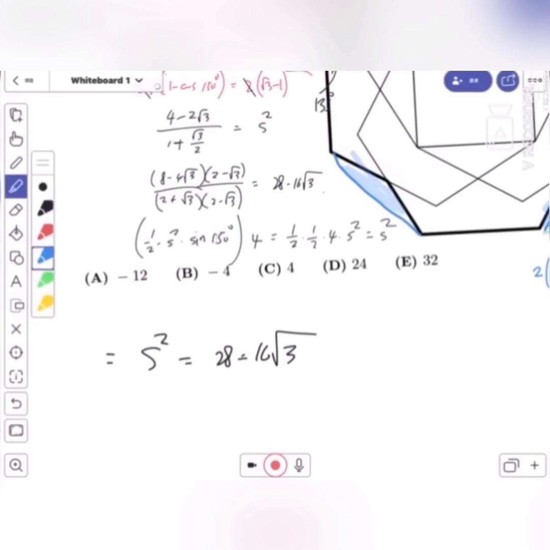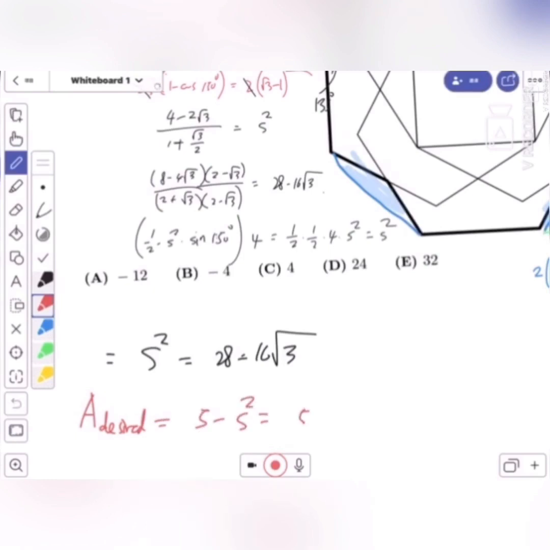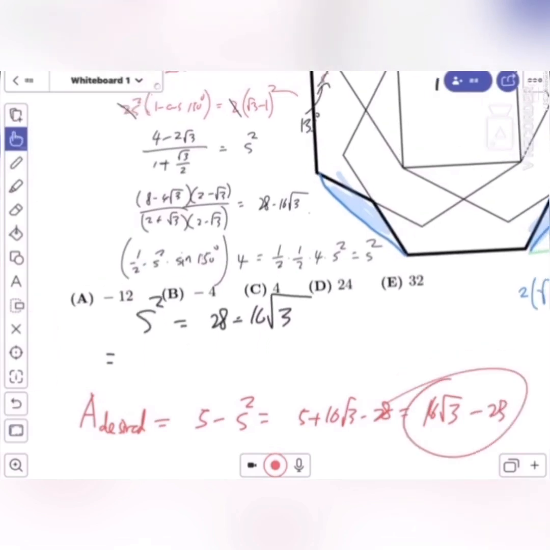So the area desired is equal to 5 minus s squared, 5 plus 16 root 3 minus 28, 16 root 3 minus 23. So this is the answer in the final form.